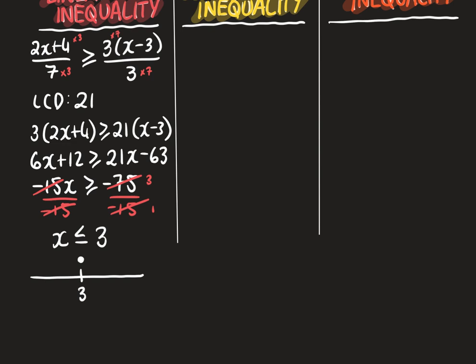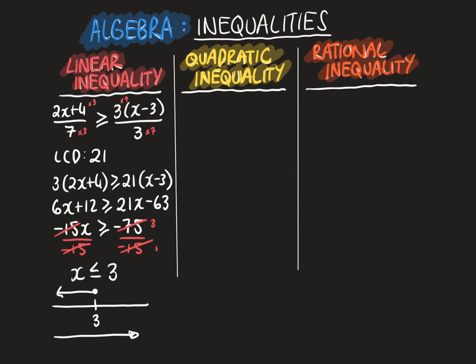All the x values that are smaller than or equal to 3, which would be to the left of this dot, because all the values less than 3 would be to the left on the number line. And that's how we would have done a linear inequality. That is our final answer being represented on a number line. Does everyone understand? Fantastic.